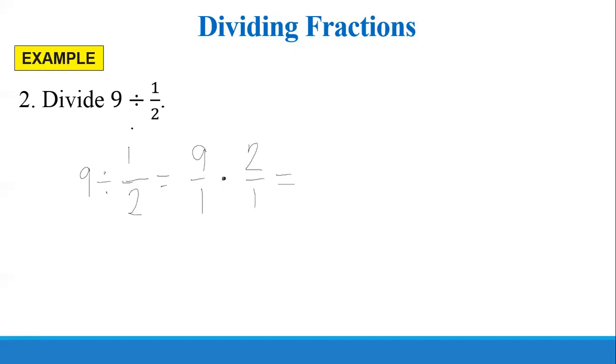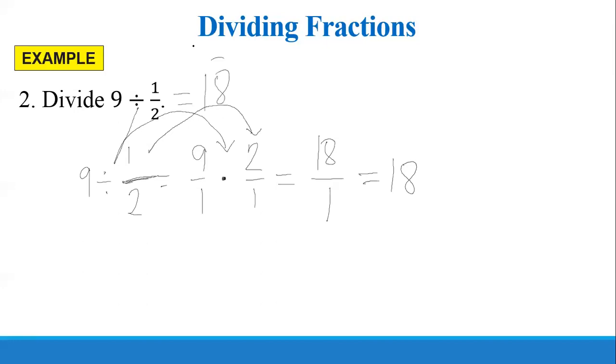Naintindihan nyo ba yung instruction kanina? When we are dividing, change the sign into multiplication and then get the reciprocal of the divisor. So, this is now equal to 18 over 1 or 18. So, this answer is already simplified to lowest term. So, 9 divided by 1/2 is equal to 18.